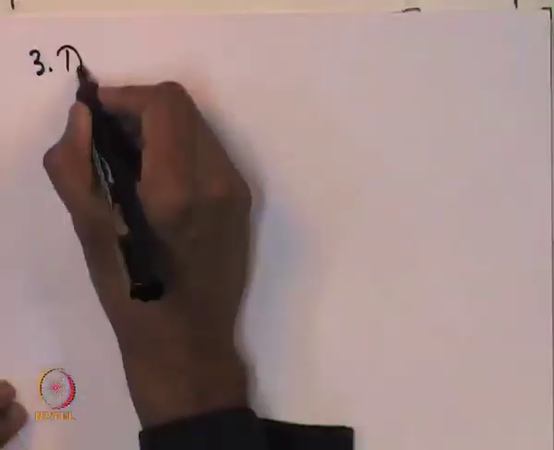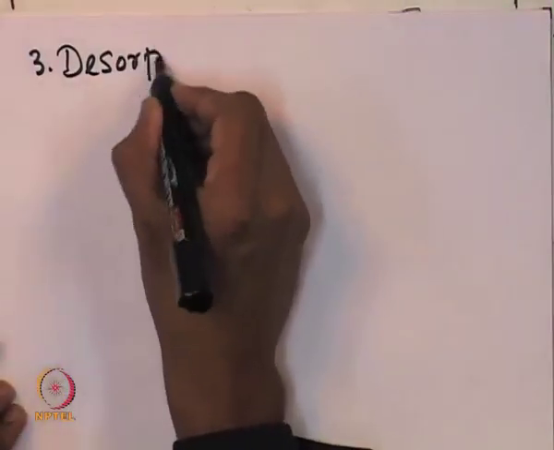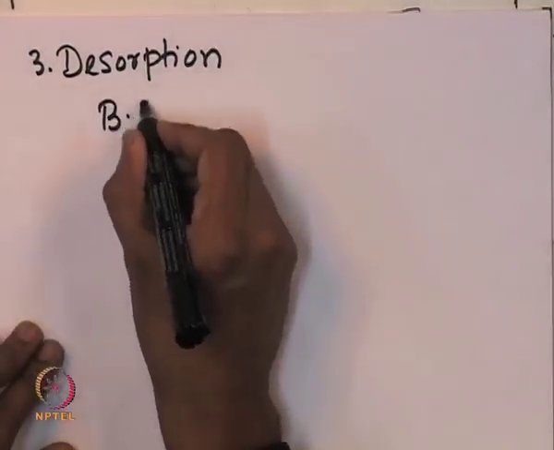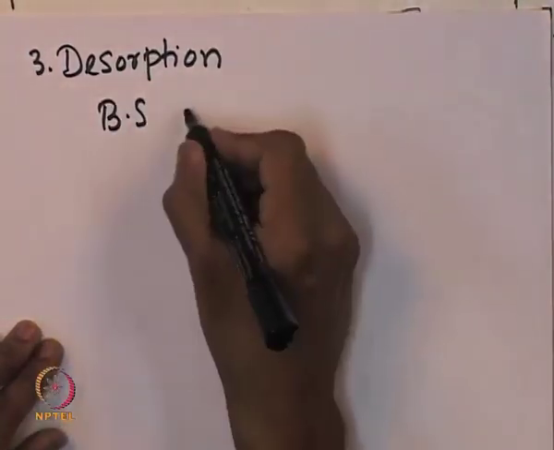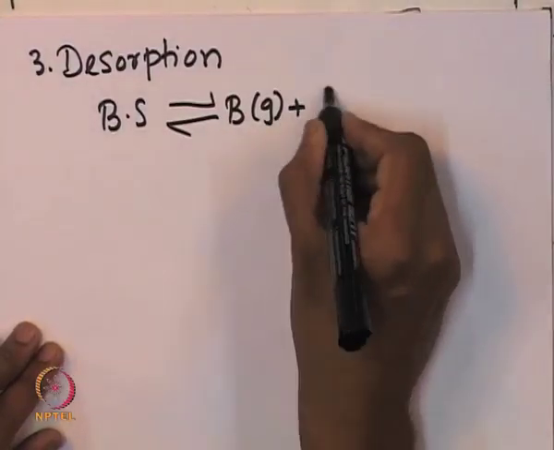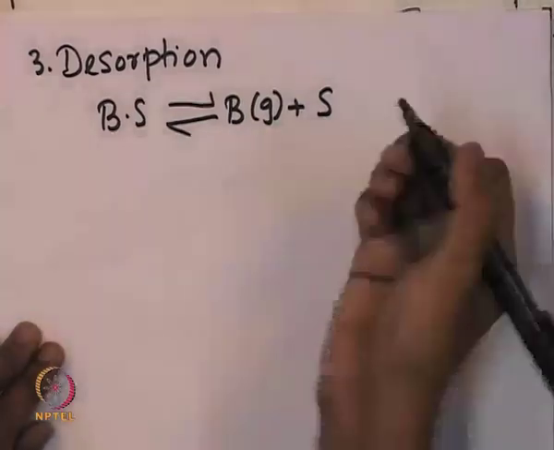Next we look at the desorption process, the third step. Here the benzene adsorbed onto the surface gets desorbed to give benzene in the gas phase and a vacant site.